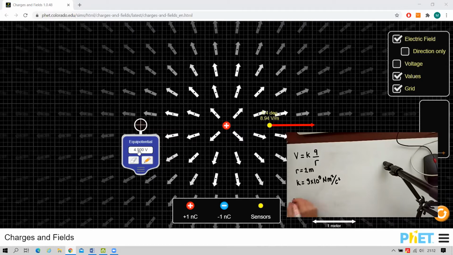The charge value is just 1 nanocoulomb. So you can check whether this number is true.